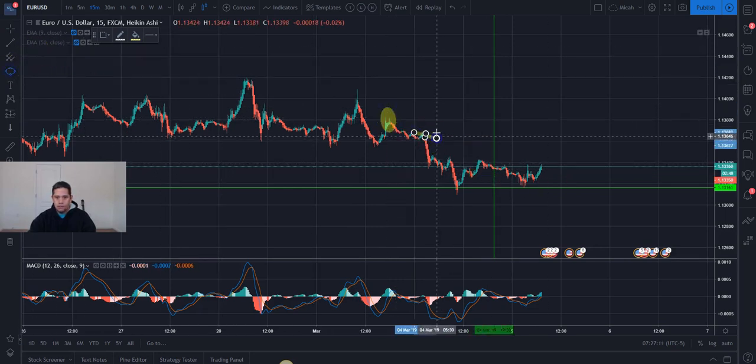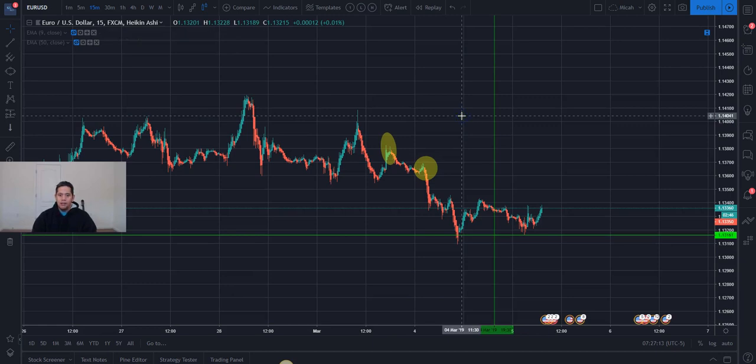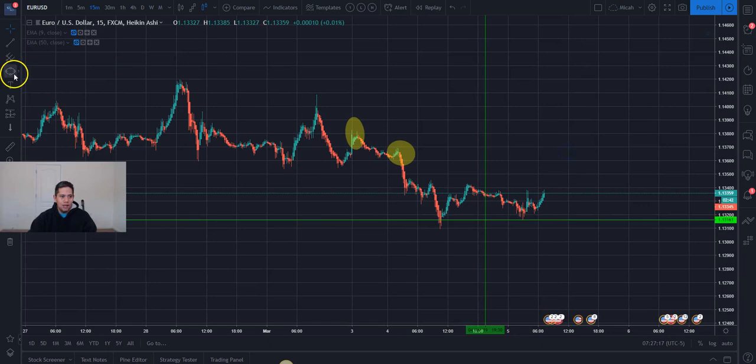I see this. And everybody will have a different way of drawing their trend lines. This could be possibly one. And I see this as well. Okay, now we're going to take our trend line.